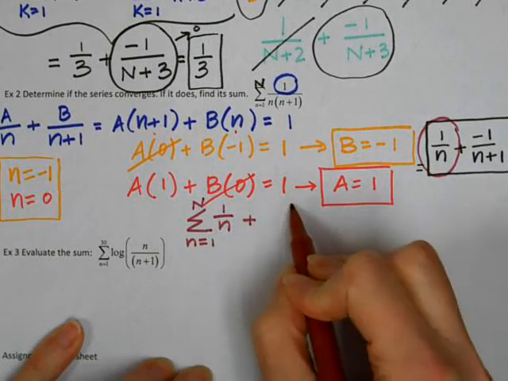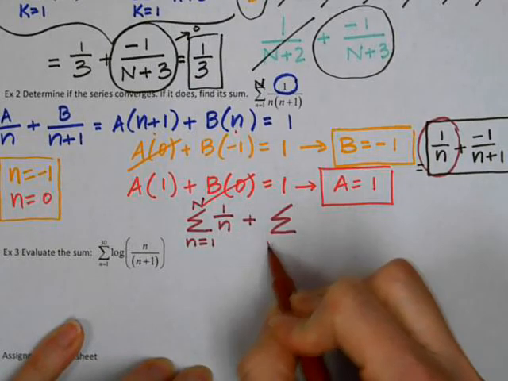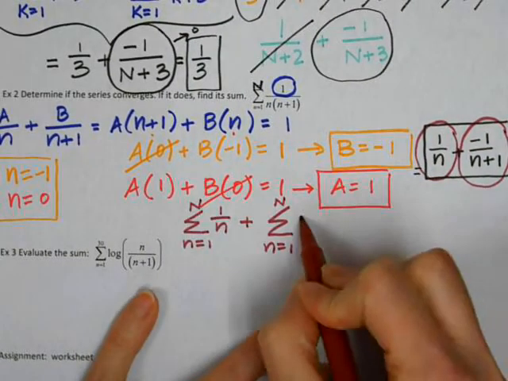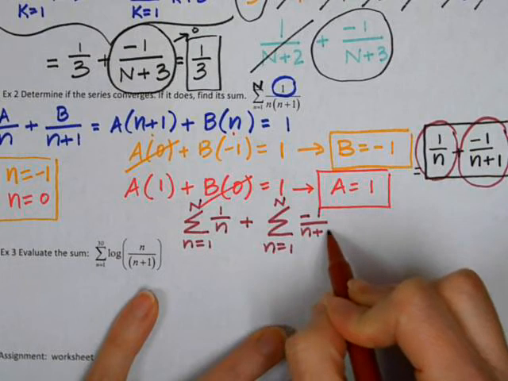And then the second one will be the sum from n equals 1 to capital N of this one, negative 1 over n plus 1.